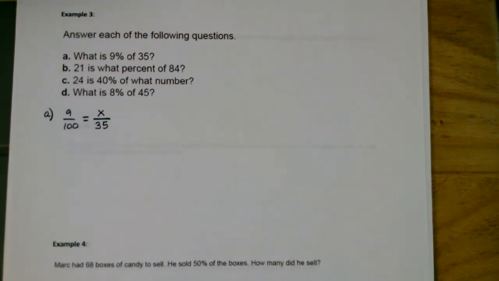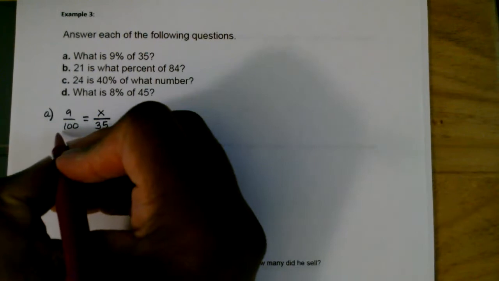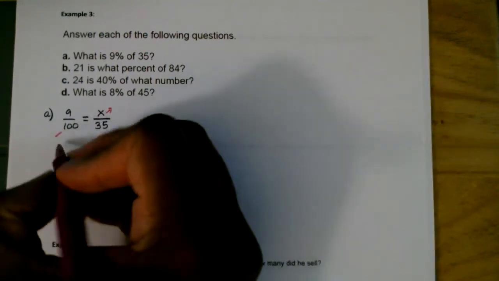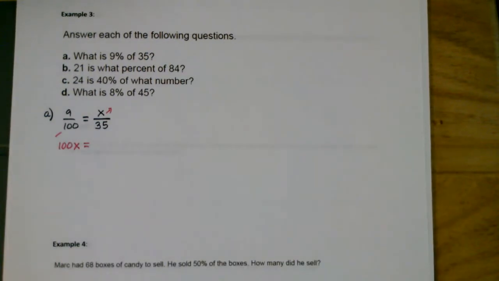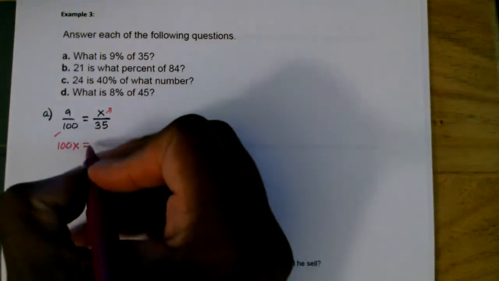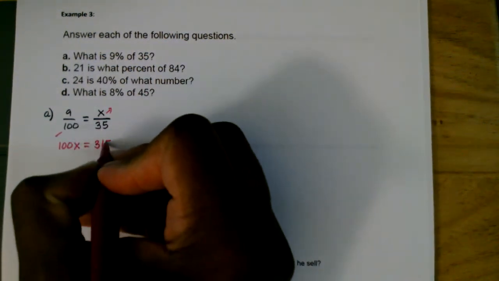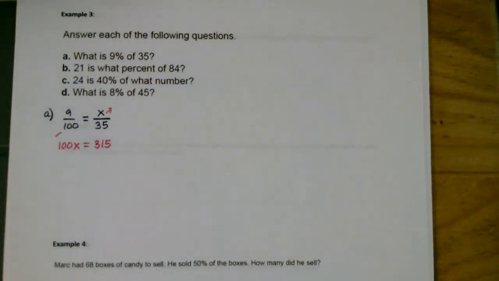All right, so now let's cross multiply. This will be 100 times X, which is 100X, equaling 9 times 35. That would be 315. So we got 100X is equal to 315.